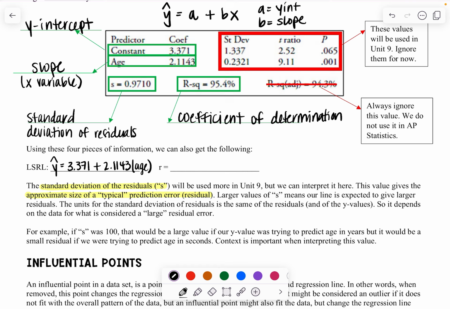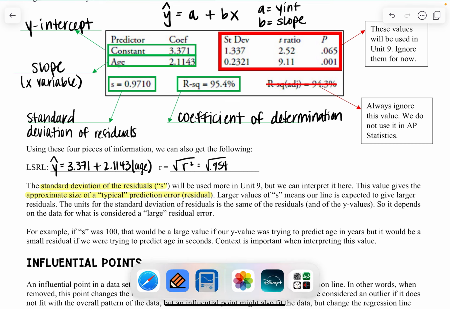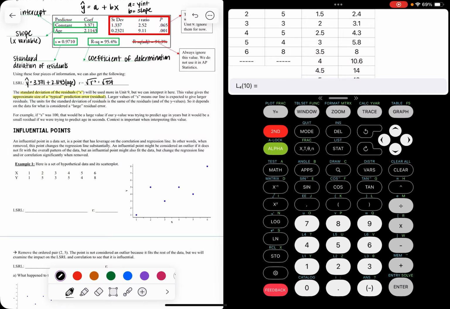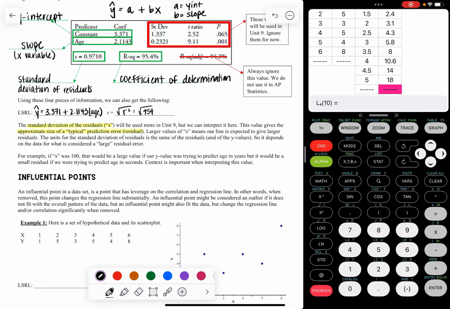Remember, in order to find r, we just have to take the square root of r squared. So I'm going to take the square root of 0.954, and let's see what we get for that. Let me drag it a little bit so it's not so big.